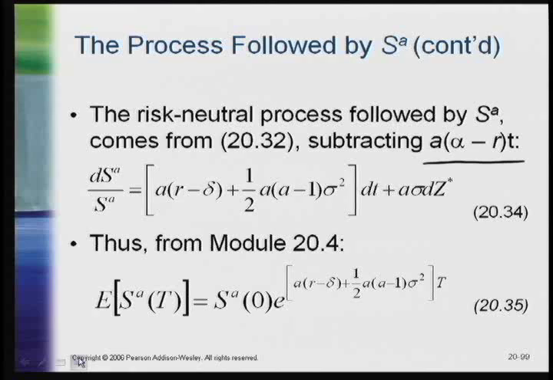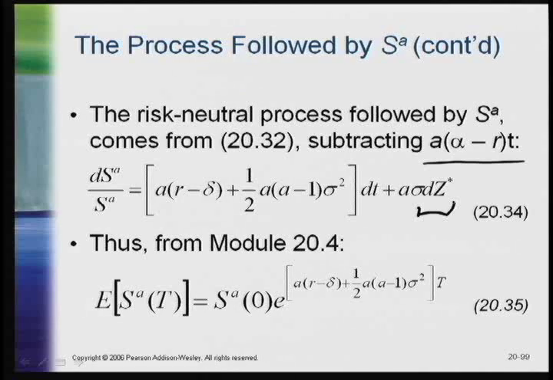So now we can use Module 4 of Chapter 20, where we knew that we have geometric Brownian motion. And by the way, notice that we have a new dz.